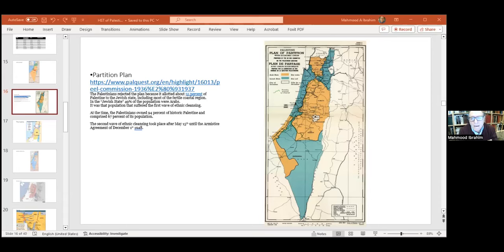And that is when the issue began, of course, of the refugees, of the forced expulsion of Palestinians from their homeland, and indeed from 29 November 1947 to May, upwards of 250 to 300,000 Palestinians were driven out of that particular territory.